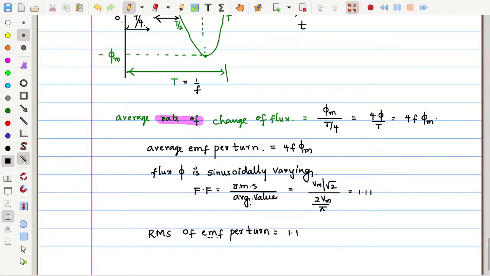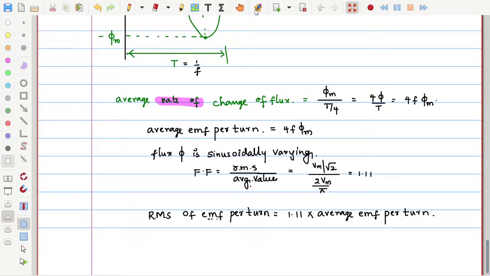So that is 1.11 into the average EMF per turn, which is equal to 1.11 into 4 into f into phi m.